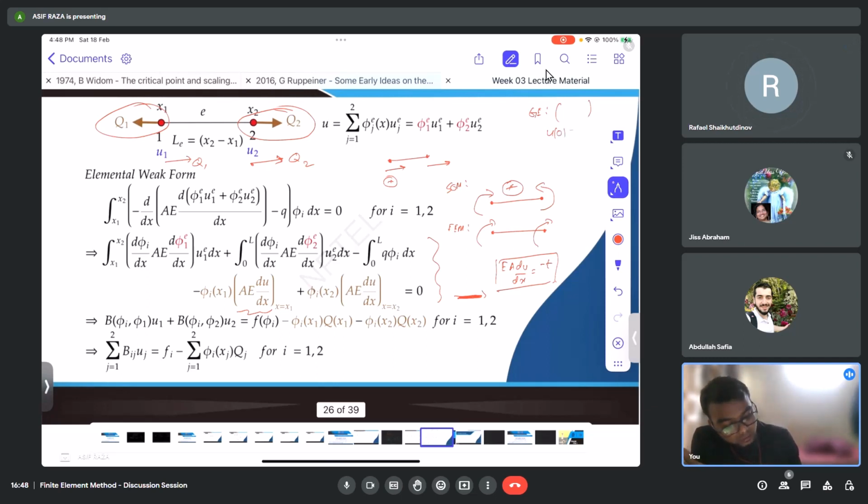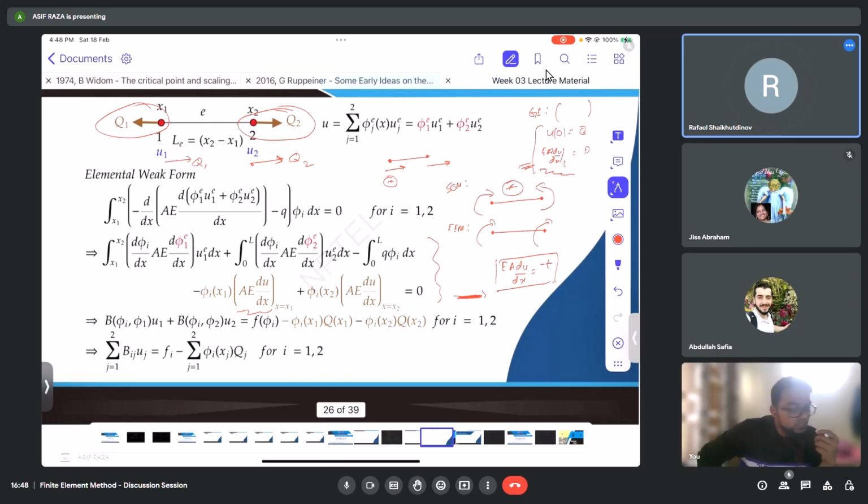Suppose u(0) equals 0, and we have EA du by dx at L equal to some force. This is a Neumann boundary condition, and this is actually the traction itself, or stress.